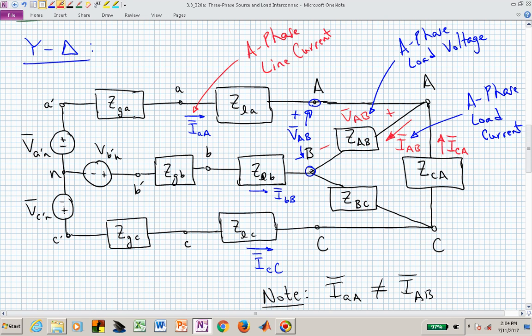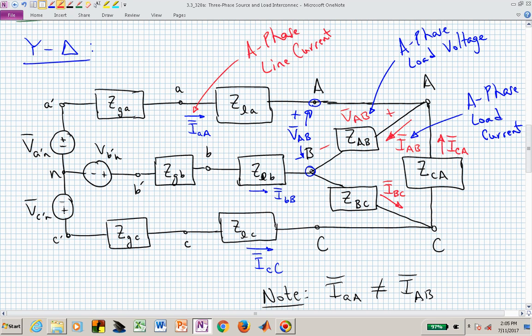What is our B phase load current? Well, it's now going from terminal B to terminal C. This is now I sub BC, and I sub CA goes from terminal C to A at the load.